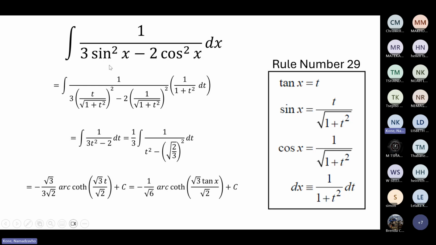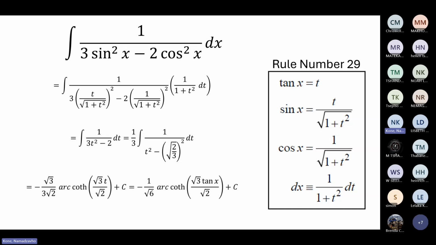With this one, there is no way in which, if I put a 2 here, the coefficients are the same. Because one is minus 2 and the other is positive 2, so they are still not the same. Even if you take out the common factor of 2, you are still going to remain with sine squared x minus cos squared x, and there is nothing you can do about them.